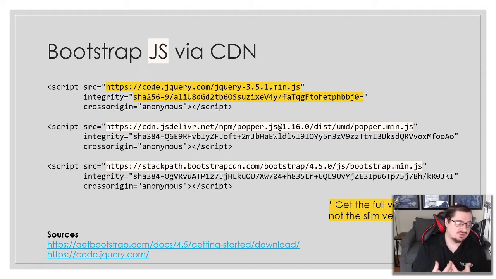But for our purposes in this class, we'll actually want the full minified version of jQuery. So make sure that you grab the full version from code.jquery.com or just from jquery.com, not the slimmed down version. That will change your path here, the source attribute, as well as your hash for the integrity.